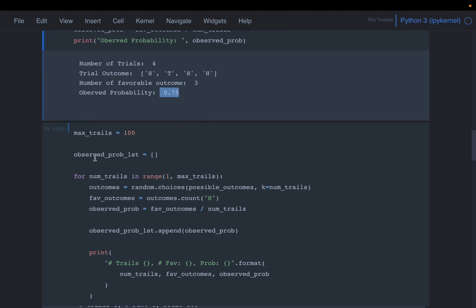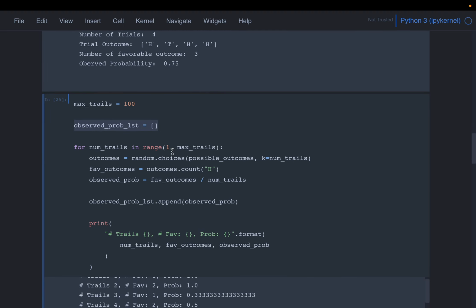Now let's use loops from Python or any programming language. We'll do the flips many number of times, and we'll count the number of heads each time, and we'll compute the probability. Here we are going to flip the coin a maximum of 100 times. In experiment 1 we flip the coin only once, and then compute the probability.